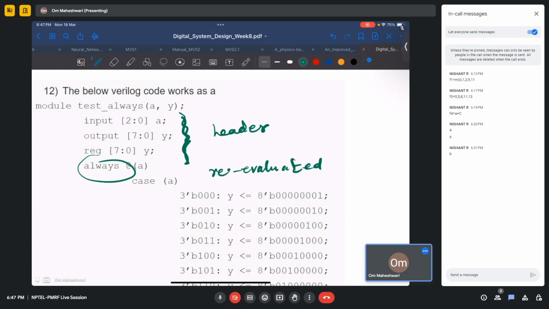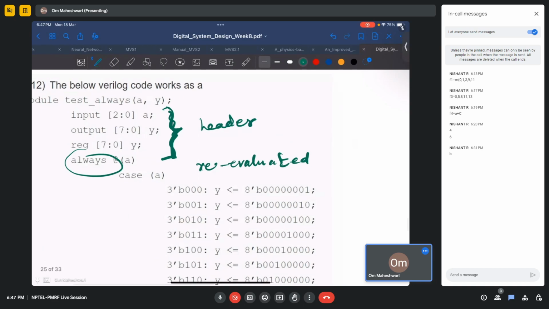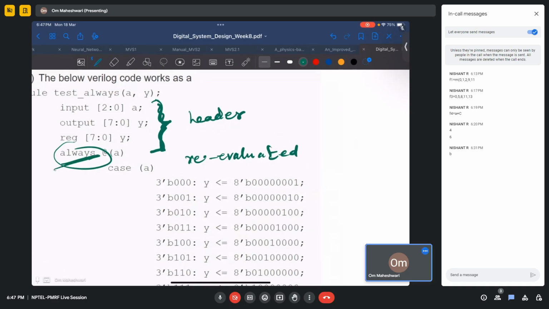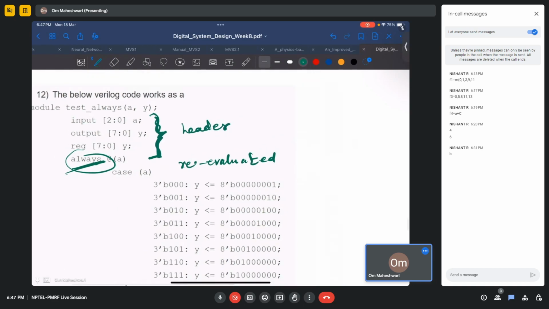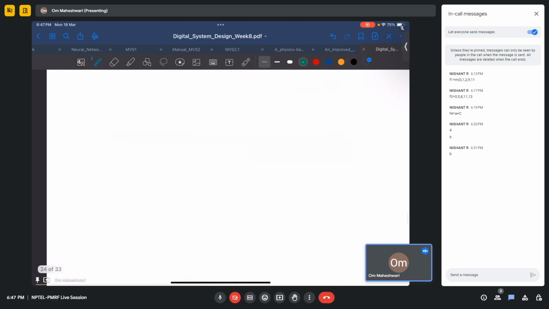So if anything changes, any of the inputs or any register that you have marked, your always block will be re-evaluated. That is why it is called an always block. So this statement is also correct.